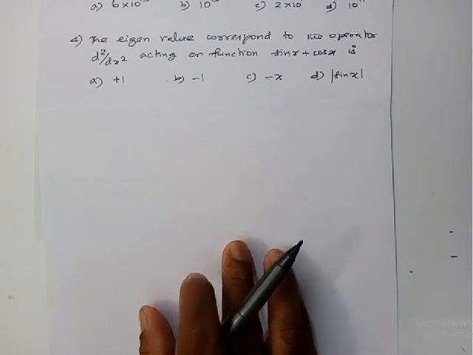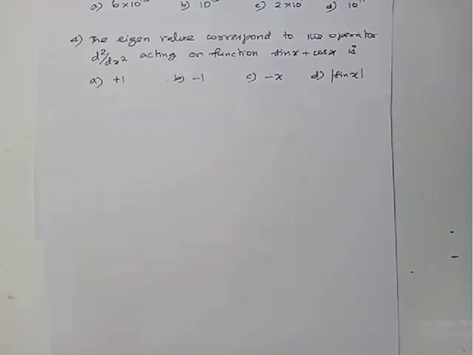Yeah, try to find the answer for this question, students. The question is we need to find the eigenvalue corresponding to the operator d square by dx square acting on the function sin x plus cos x.